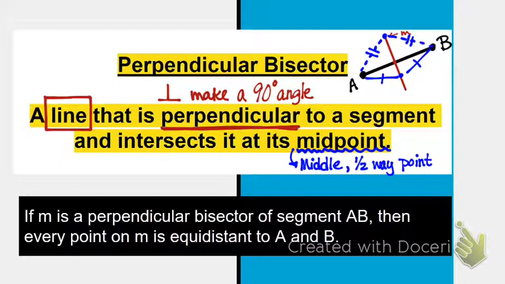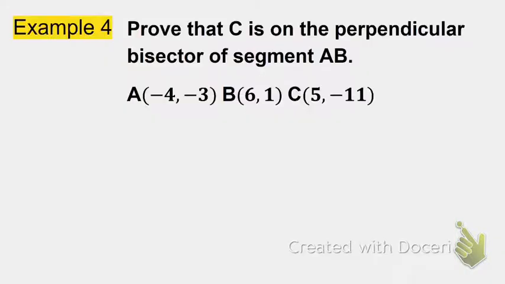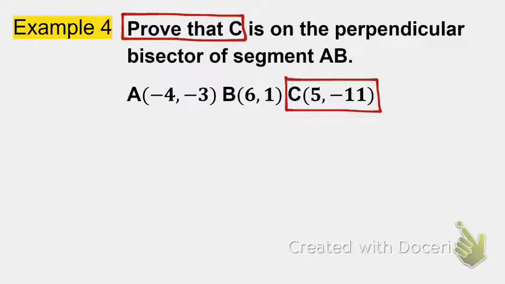I want to prove that there are some points that are on the perpendicular bisector of a line segment that we've been given. So I have 3 points here. I want to prove that point C, this point right here, is on the perpendicular bisector of AB.